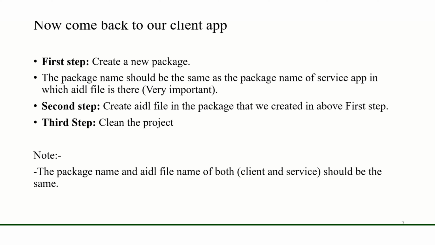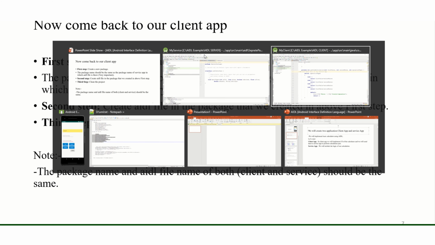Now let's get back to our client tab. In the client app also we have to create a package, and that package name should be the same as the one we created in the service app. We created a package named separate package in our service app, and the same package we have to create in our client app.